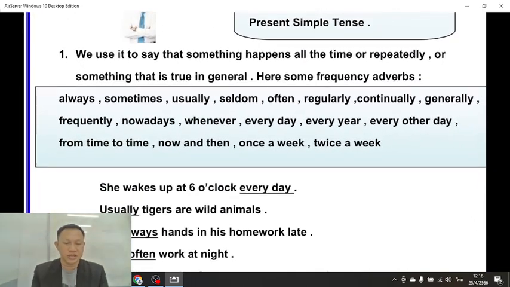And now let's talk about how to use the present simple tense. We use it to say that something happens all the time or repeatedly, or something that is true in general. Here are some frequency adverbs.